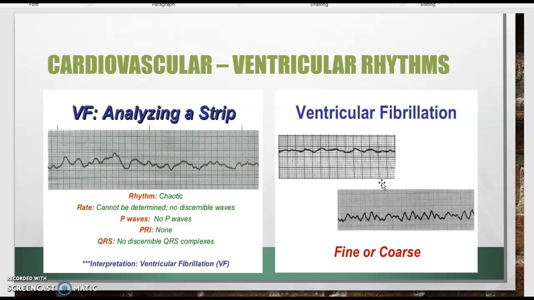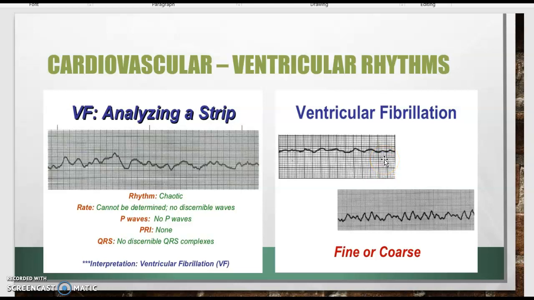Next year, this conversation will continue, and Lynn does a more in-depth EKG interpretation lecture and assignments, and you go into more heart rhythms. However, for right now, these are the rhythms that I would like for you to familiarize yourself with.